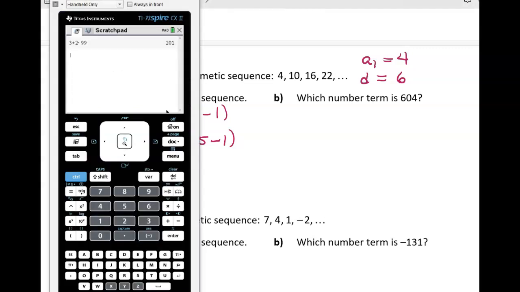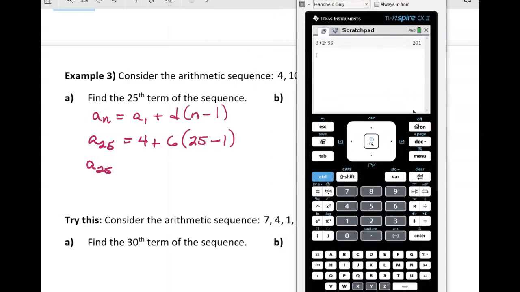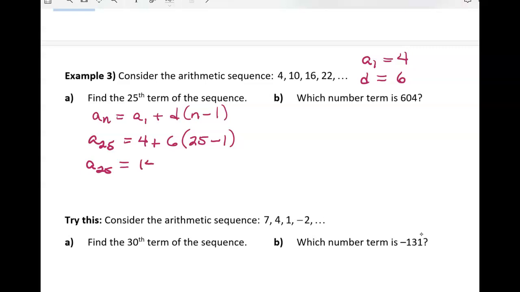Let's grab the calculator again and enter that computation all at once. And you can certainly enter it in if you don't want to do that subtraction in your head. You can just enter it in as you see it on the page, and we get 148 as the value of the 25th term. So a sub 25 equals 148 means the 25th term is 148.